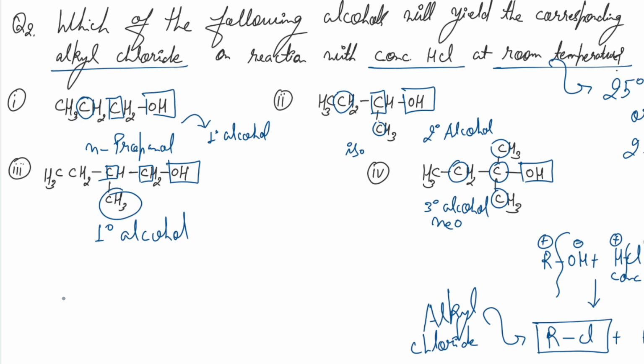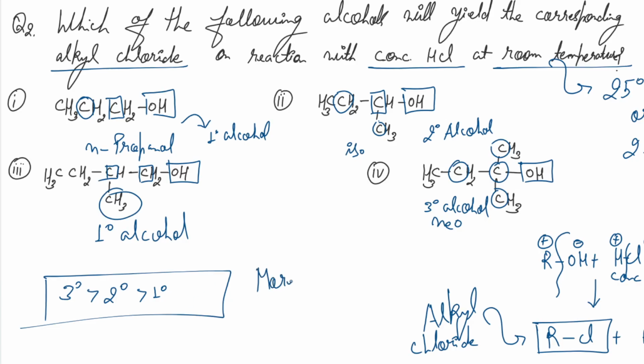So always remember the tertiary is more reactive than the secondary, and secondary is more reactive than the primary. You can always use this idea in these kinds of questions: the more branching in the structure, the more reactivity you can expect.